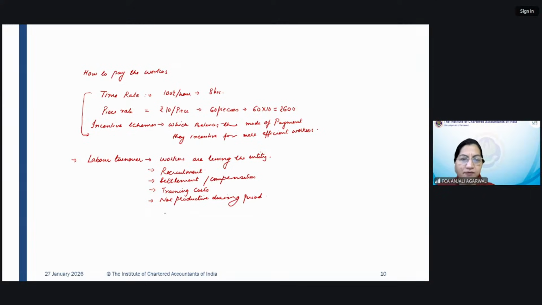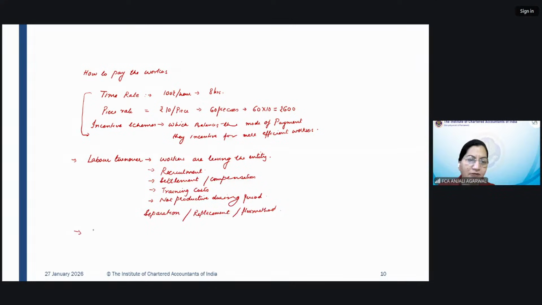So these are some of the reasons labor turnover is not good. And how do we measure it? We have three methods by which we measure the labor turnover. One is called the separation method, one is called the replacement method, and the third is called the flux method. So we'll calculate the labor turnover using these three methods.